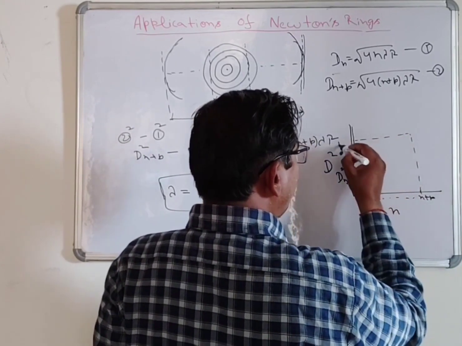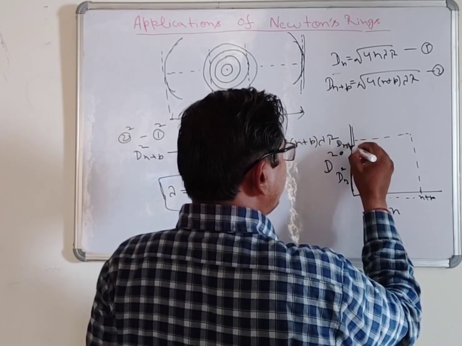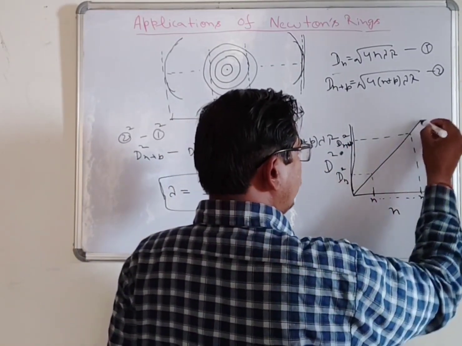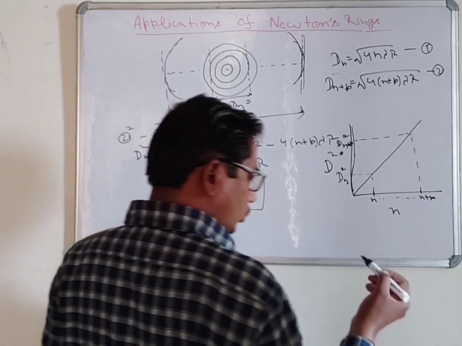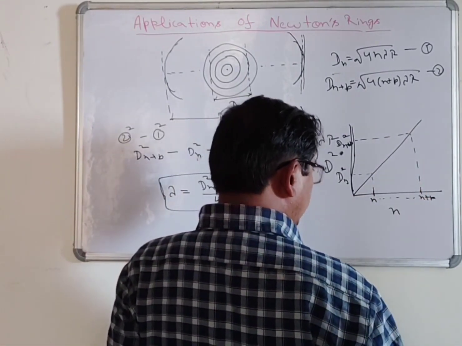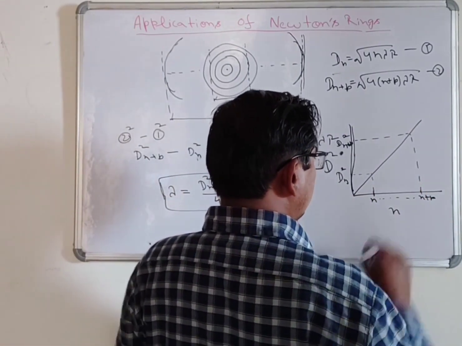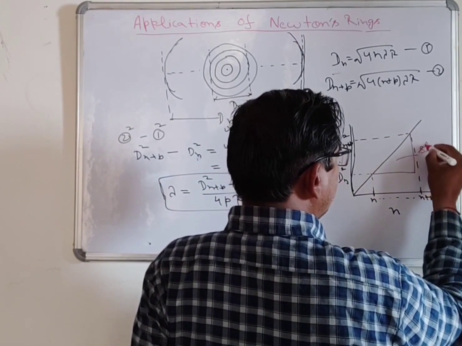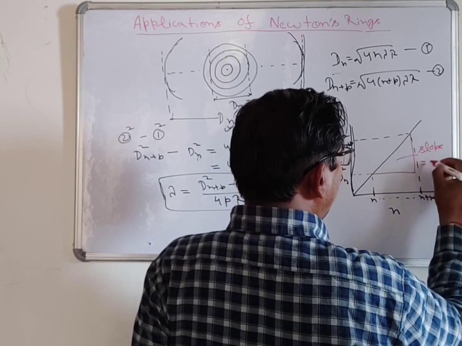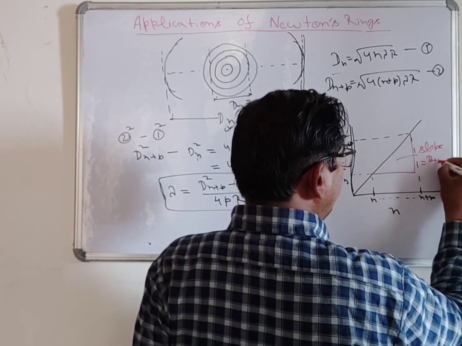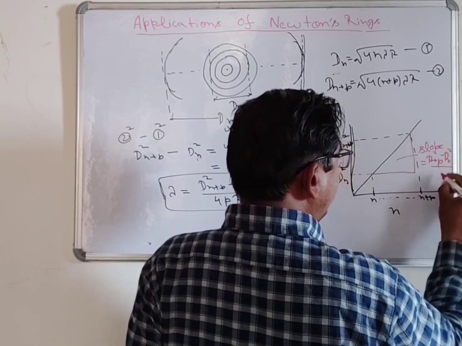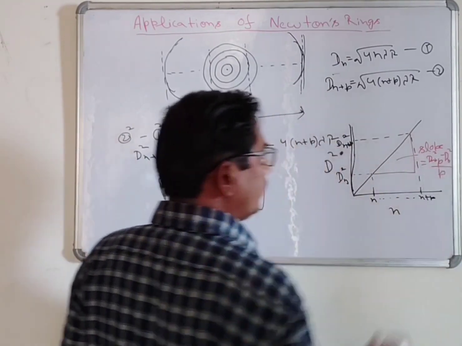You will see that this one is the diameter Dn plus p square, and you will see a straight line, you know very well. This is the slope of the curve, slope equal to Dn plus p square minus Dn square divided by p.